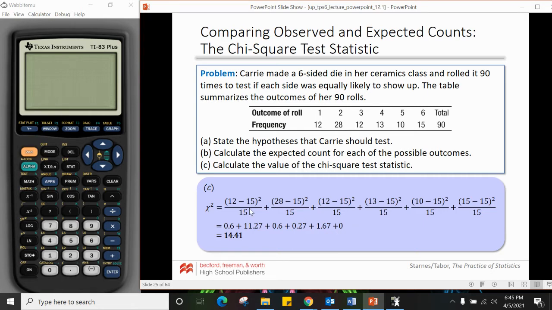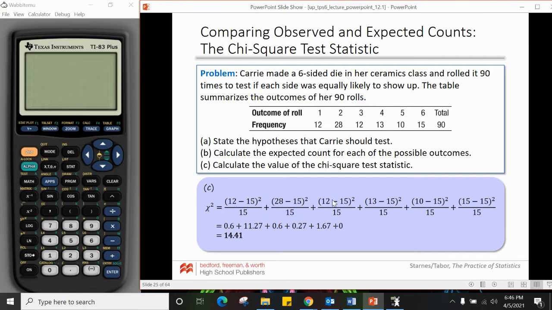I want us to look at these numbers a little bit. We got 0.6, 11.27, 0.6, 0.25, 1.67, and 0. So out of the expected values, the smaller this number is, the closer it is to what actually should happen. 0.6, in this case, was only off by 3 from what we'd expect.